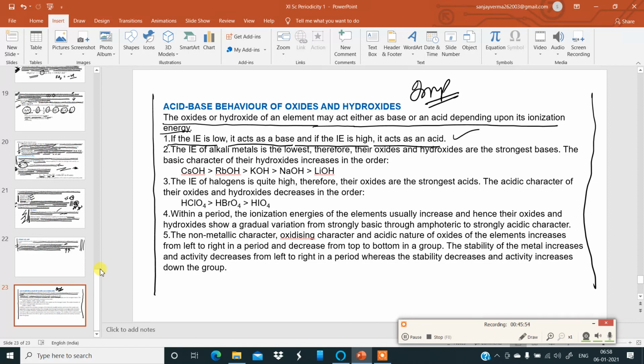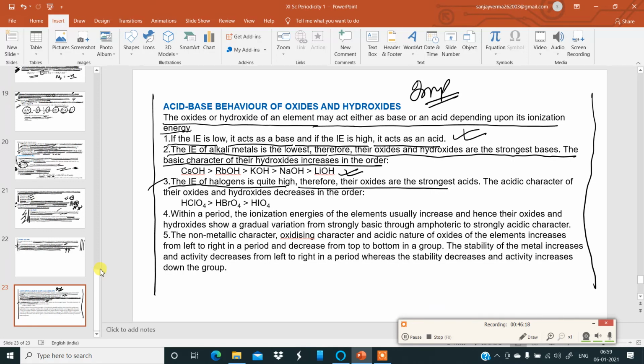See, wonderful thing over here. A very brand new thing to be understood by all of you. The ionization energy of alkali metals is the lowest. Therefore, their oxides and hydroxides are the strongest bases. The basic character of the hydroxide increases in this order. Then number 3, the ionization energy of halogens is quite high.